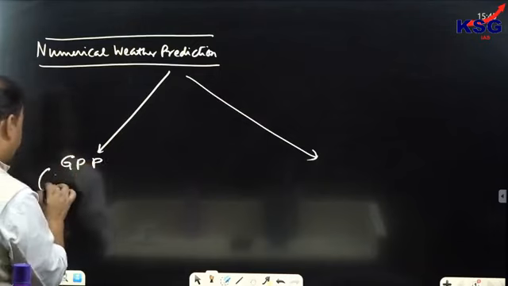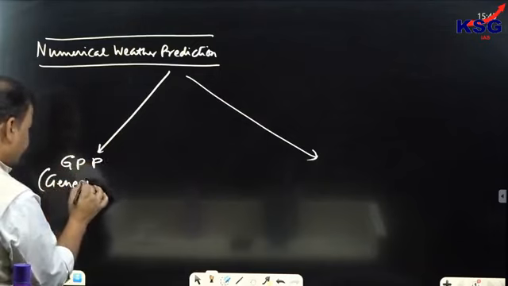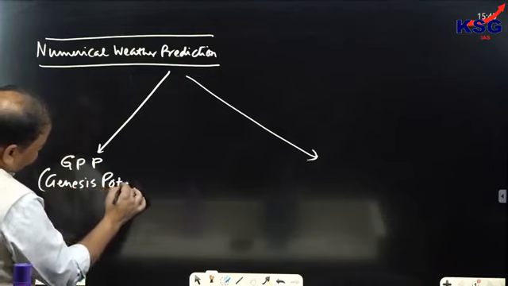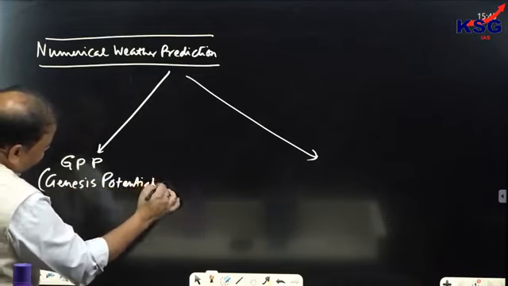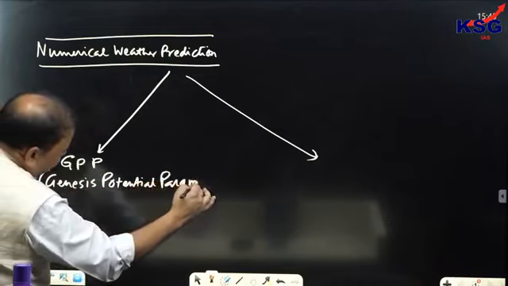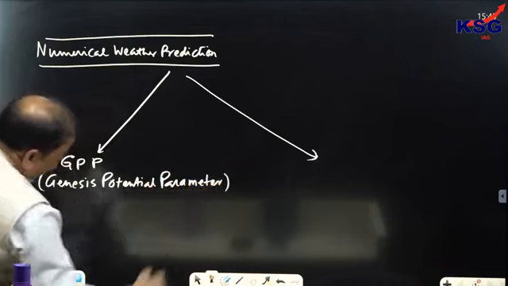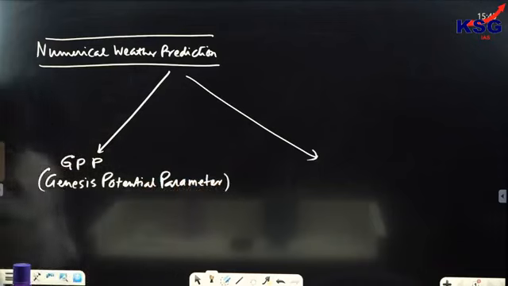GPP stands for Genesis Potential Parameters. Clear?